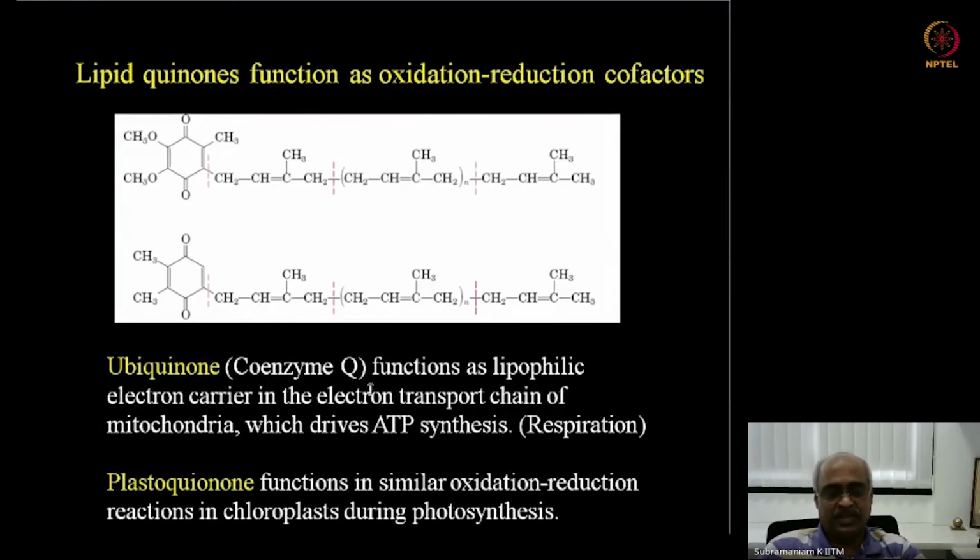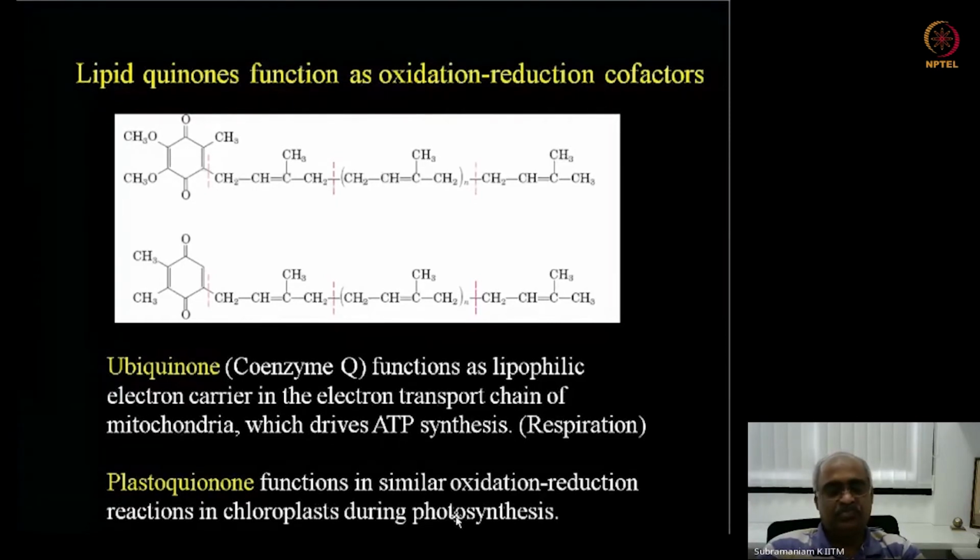This is in respiration. And similarly, plastoquinones do the same job in photosynthesis, where electrons are obtained by splitting water and transferred, finally making a reduced form of another cofactor called NADPH.